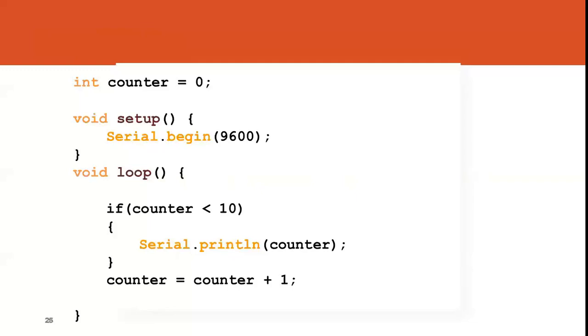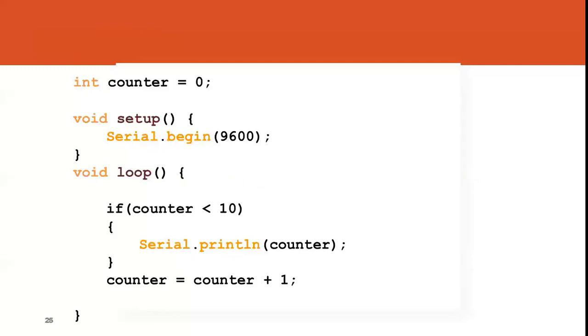In the loop part, we will be evaluating the counter variable. If counter is less than 10, then Serial.println(counter), so the counter value will be printed on the console. Then the counter will be incremented each time.